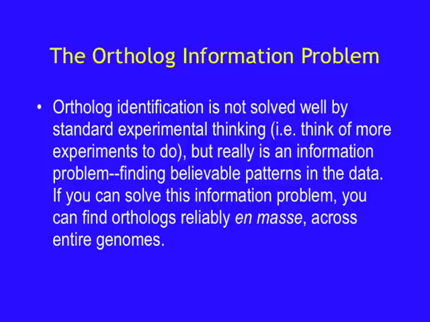So the simple message of that is if you compare orthologs versus paralogs in the same pair of genomes, which of course are separated in time by an equal amount of time since their common ancestor split from that common ancestor, the orthologs will be more similar to each other than a paralog will be to another paralog.